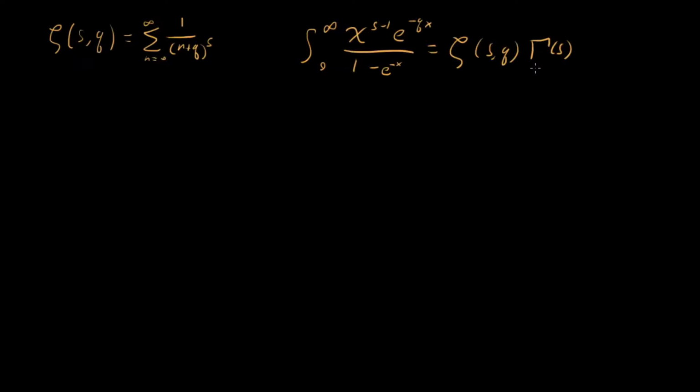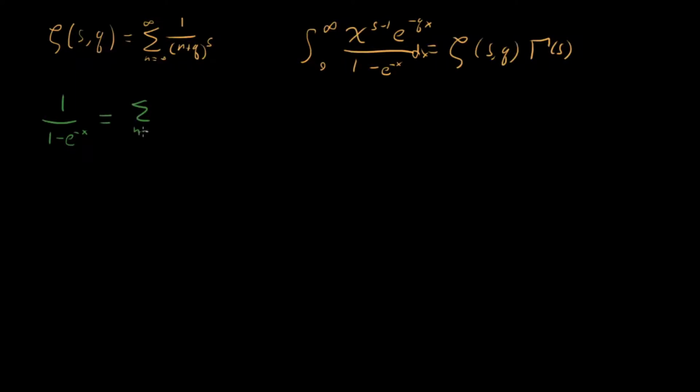But let's get started. So what am I going to do? I'm going to start with this integral, and maybe I should put a dx on here. And I'm going to work my way to the right hand side. So we see this 1 over 1 minus e to the minus x here in the denominator, and anticipating that we want to get this into the form over here, we know that this has a nice form as a geometric series.